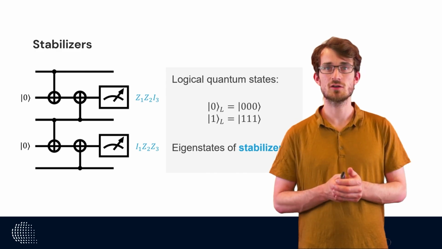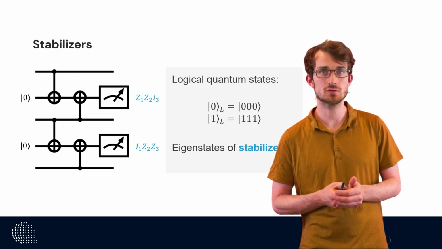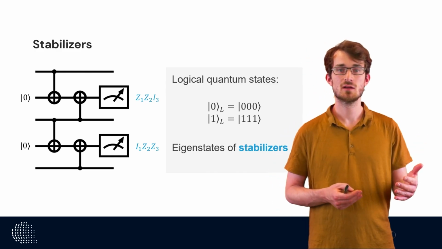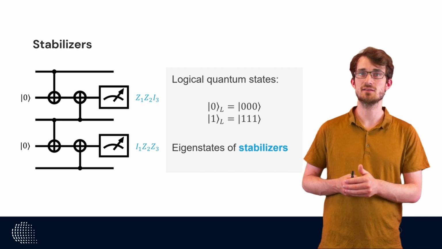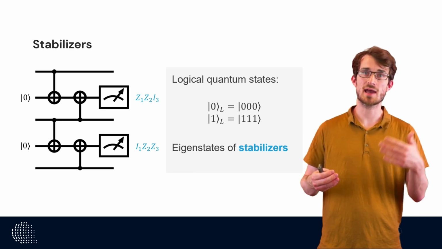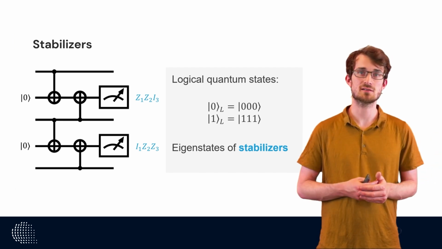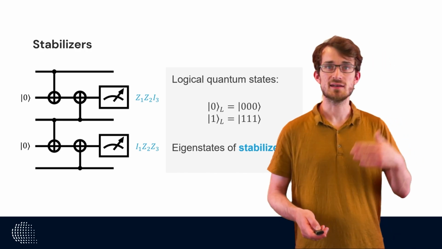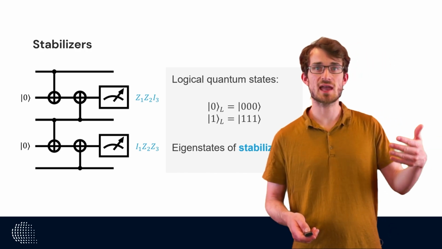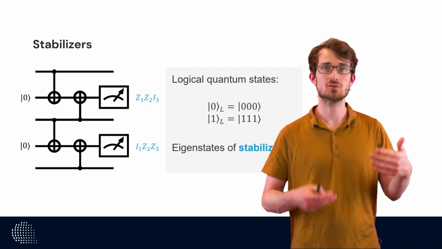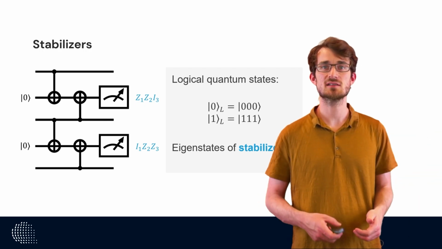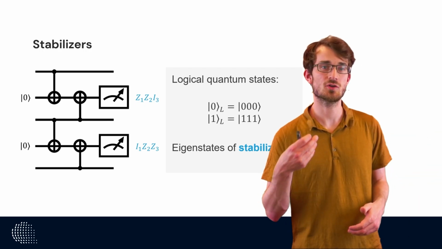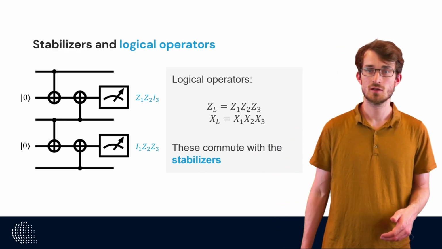These operators in the language of error correction codes we call stabilizers, and the logical states are actually the +1 eigenstates of the stabilizer operators. And in general, we can introduce any error correction code in terms of their stabilizers, and that makes it a very useful way of talking about the error correction code.